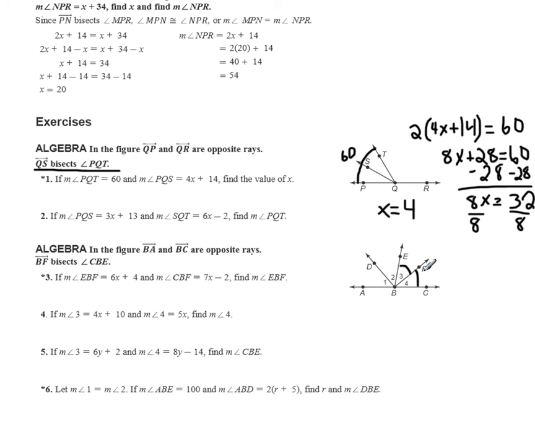We know these two are equal, so we're going to set them equal. So 6x plus 4 equals 7x minus 2. I like to move my smaller x's over to the bigger side, so I'm going to subtract my 6x. 4 equals x minus 2. Get rid of the 2.